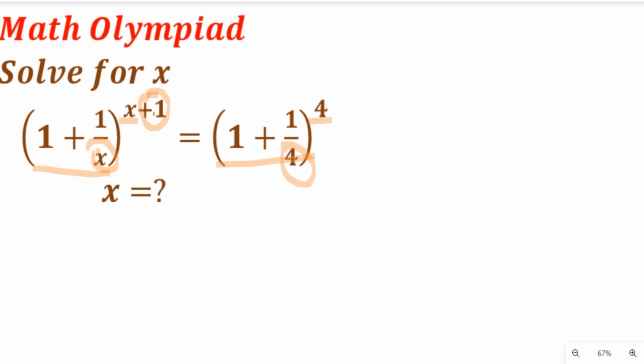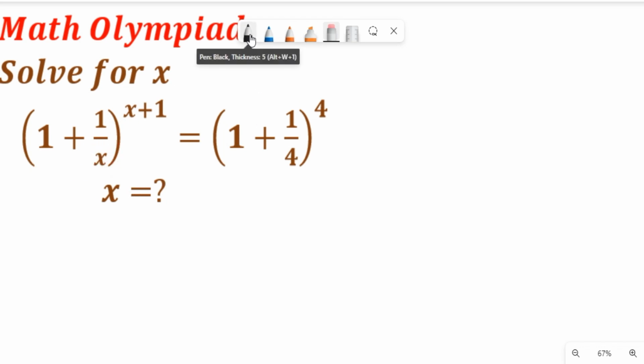But because we have the left hand side to be to the power of x plus 1, we are going to solve this equation using some logical reasoning. Now pay attention as we are going to find a solution to this exponential equation.